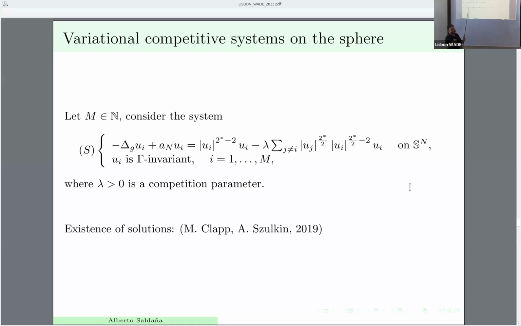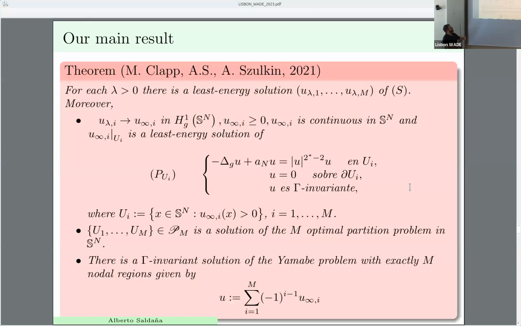This system has a variational structure, meaning that I can associate to it an energy functional, and critical points of this functional are going to be solutions. The existence of solutions was guaranteed by Monica Clapp and Jan Sulkin in 2019 using something called the Nehari manifold approach. So now this is the theorem that puts everything together.